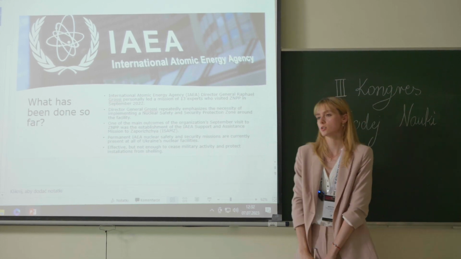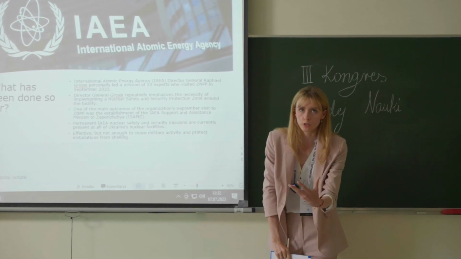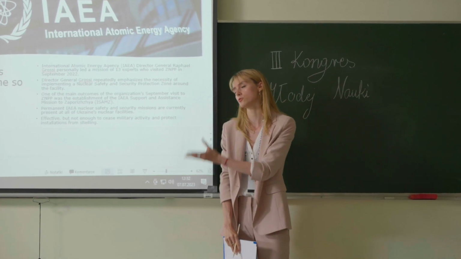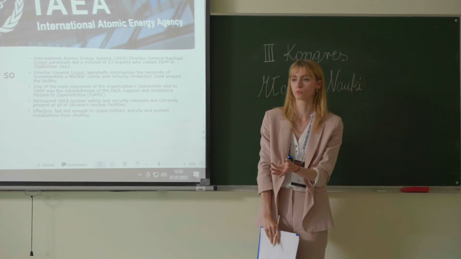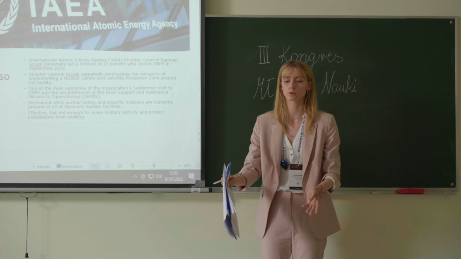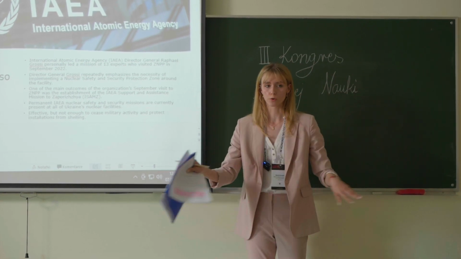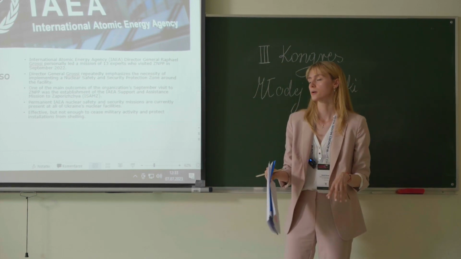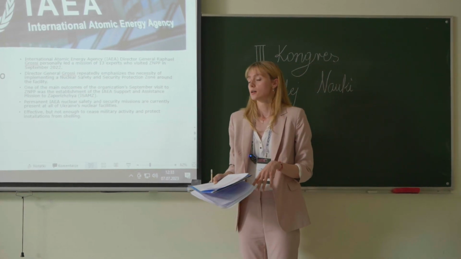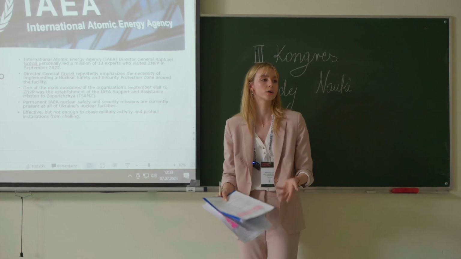The main proposition and the main way to solve the issue would be the establishment of a nuclear safety and security protection zone, which means not a demilitarized zone, but a zone cleared of everyone, of Ukrainians, Russians, and so on. But unfortunately, there is no way we can do this.